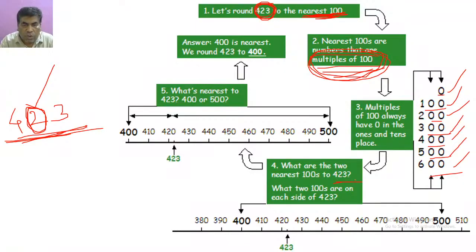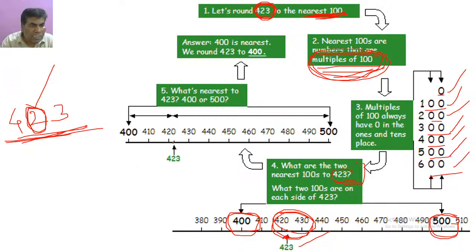But where is 423? Between which two hundreds? 423 will be between 400 and 500.